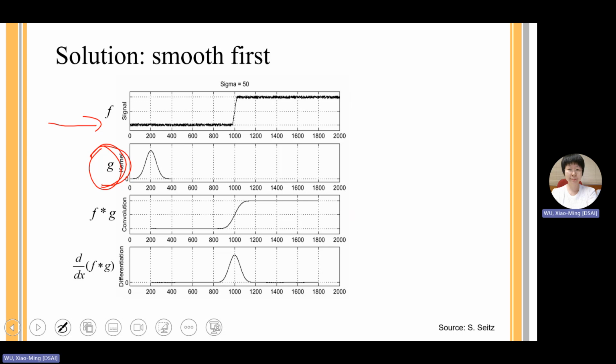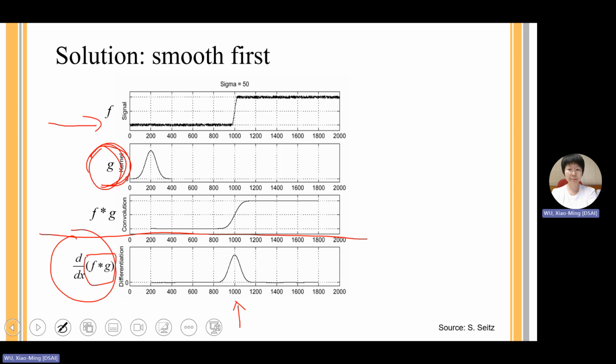Ideally, after applying the Gaussian filter, we have a smooth signal, and then we can take the derivative of the smooth signal, because the signal now becomes smooth, and our previous idea, the image derivatives, just works in this case. So that's the solution.